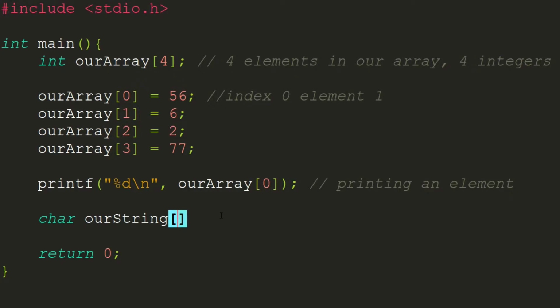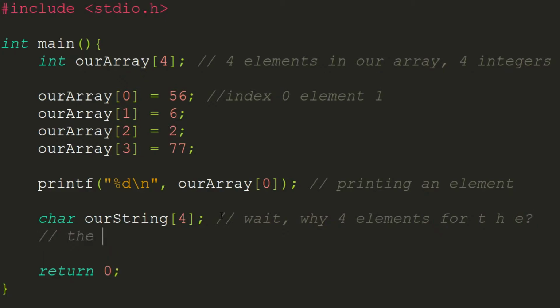So we're going to put in 4 elements. Now you might be thinking, wait a second, doesn't "the" have 3 letters, T-H-E? And you'd be right, but we need one more element so that C knows the end of the string. Basically, every string has the number of letters in it, plus 1 extra for the null character to show the end of the string.